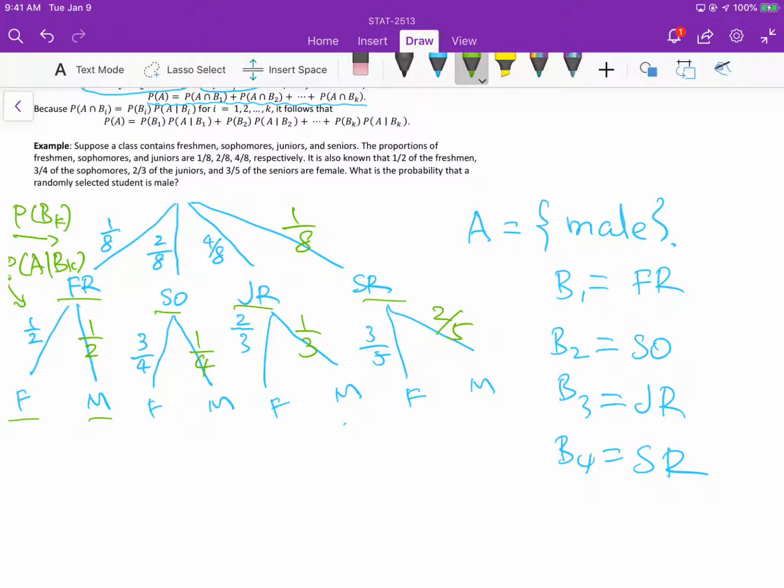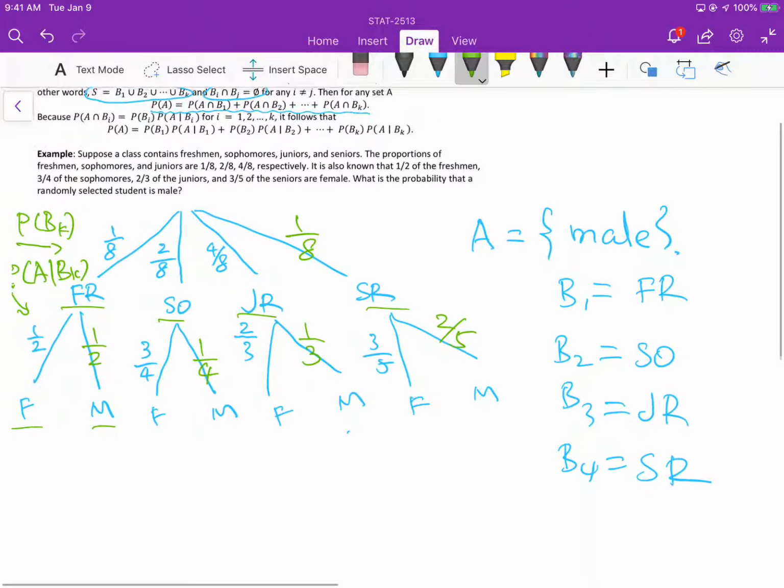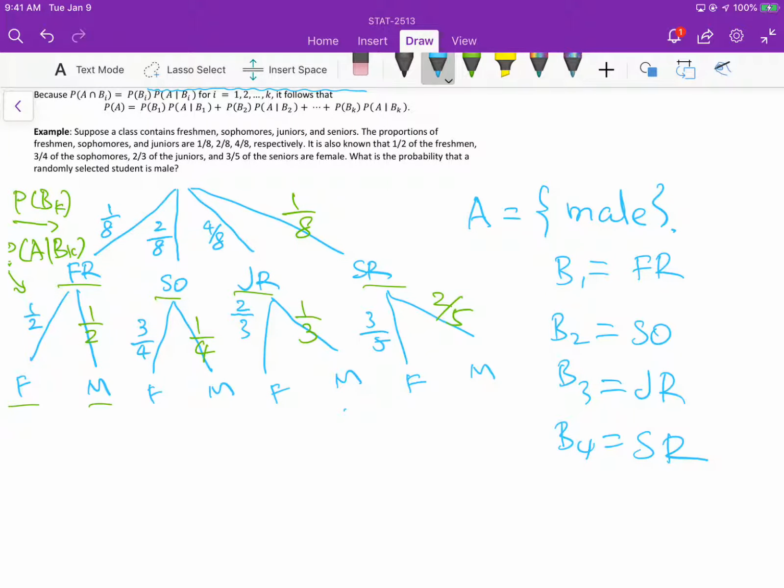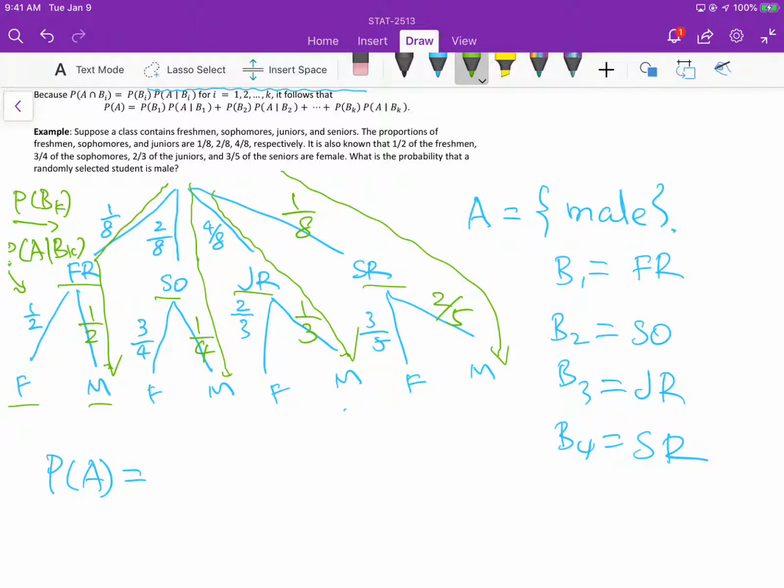Now we want to know the probability of male, or the probability of A. We just need to calculate the probability along the path. You can see for male, it may go along this path to be a male, or along this path, along this path, along this path to be a male. So basically we just multiply the numbers along the path.